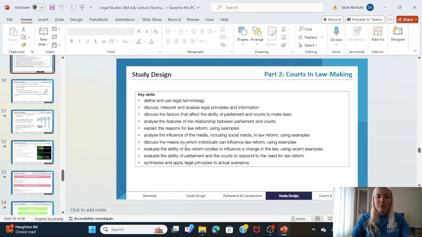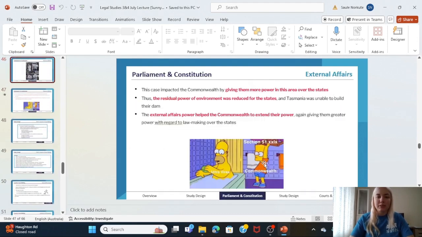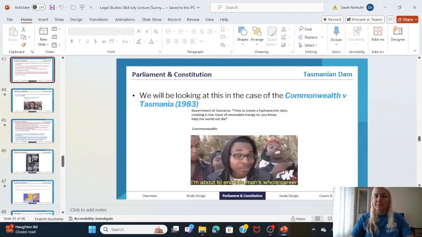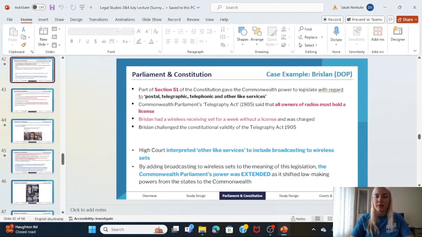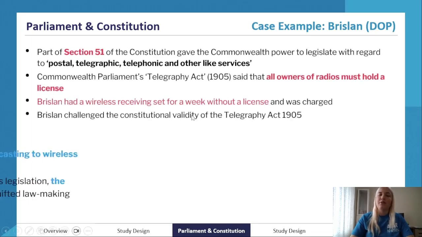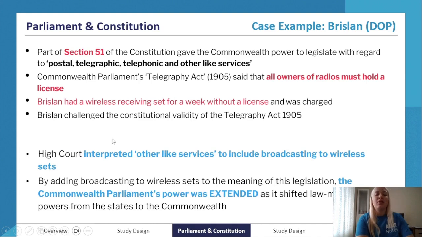So similarly, if we look back to the Brislin case, it's a really good example for what we're talking about. Here we can clearly see that the scope of this legislation was expanded because they took other like services to mean a very broad term referring to any technology that comes along in the future. Okay?